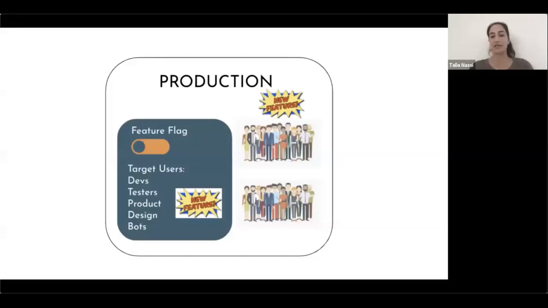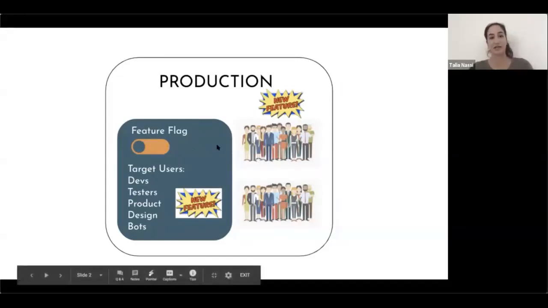And the key to testing in production is feature flagging. Feature flagging is a tool that allows you to target specific users, and it's super beneficial, especially when you're testing in production, because you can say, hey, I want these users to get this experience and these users to get this other experience.